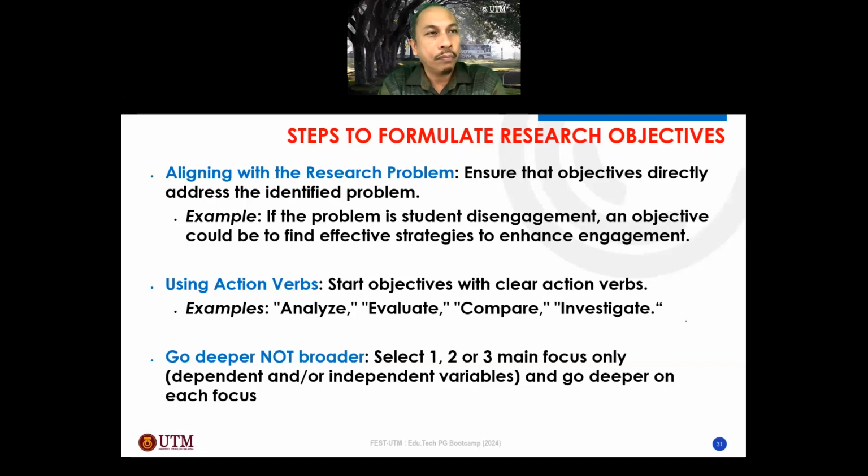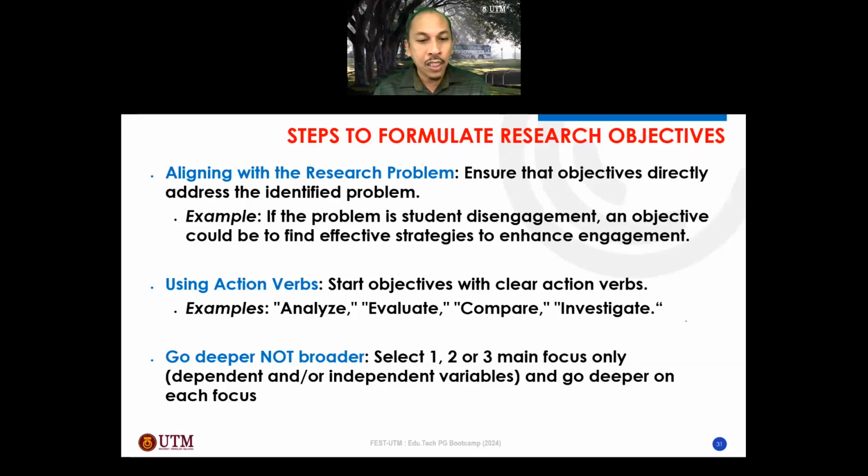Okay, the most important part. Based on my experience as an examiner, this is one of the problems faced by some of the students, which is that the research objective is not aligned with the research problem.